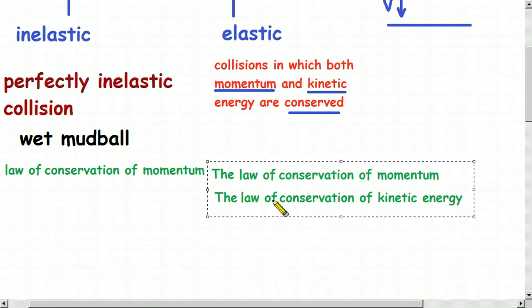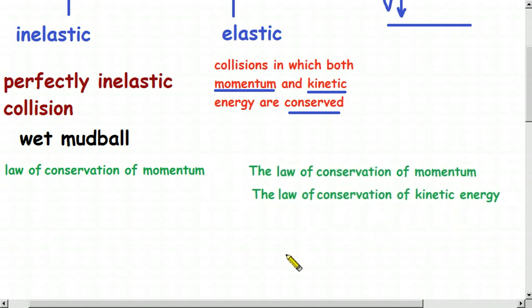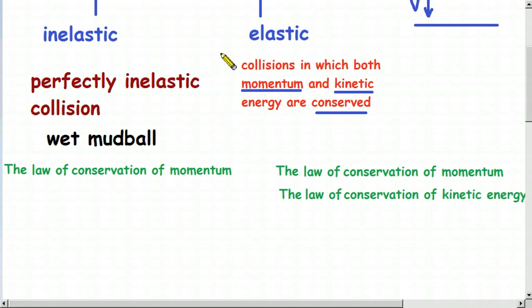So we can write the note like this. If it is an elastic collision, we can apply both laws, and if it is an inelastic collision, we can apply only conservation of momentum.